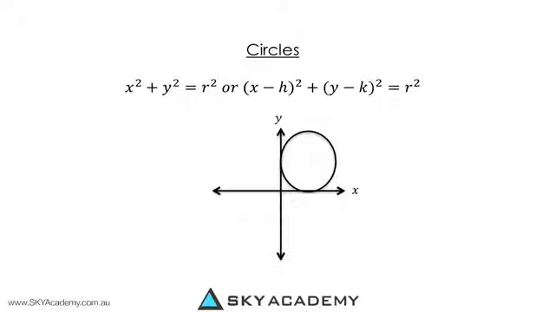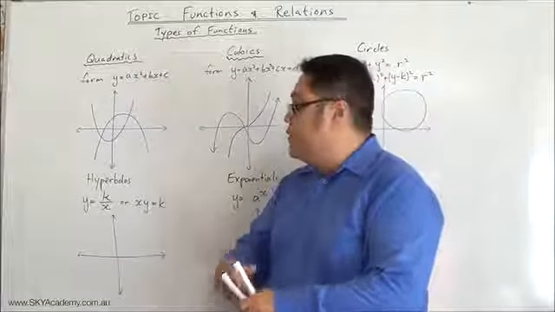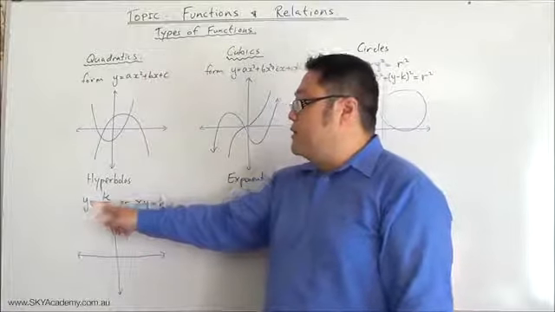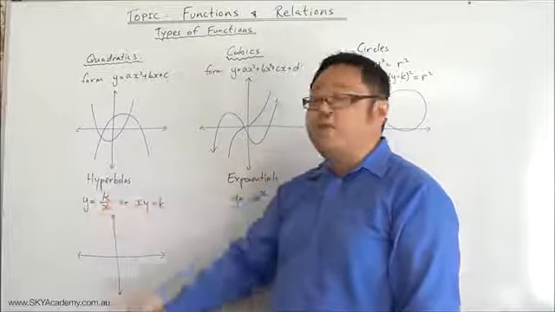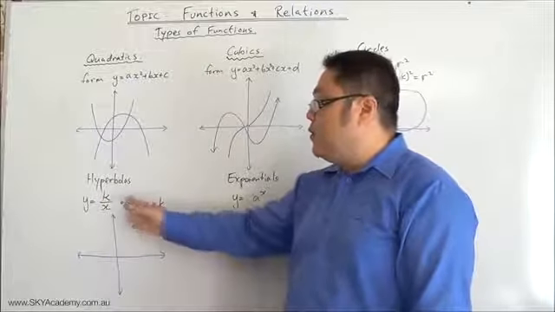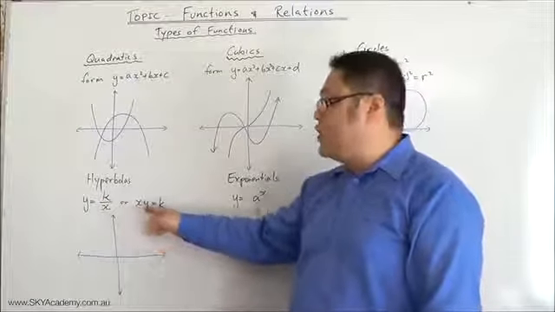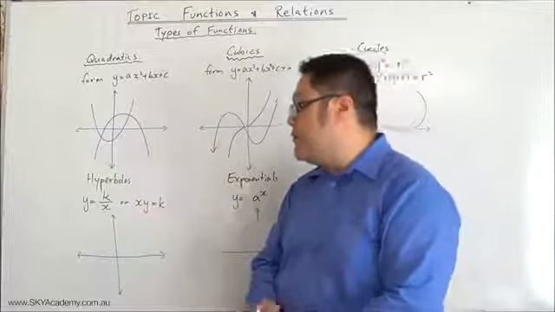Next, you have your hyperbolas. Hyperbolas take on the form y equals k over x, where k is a constant. Another way to write it is x times y equals k.